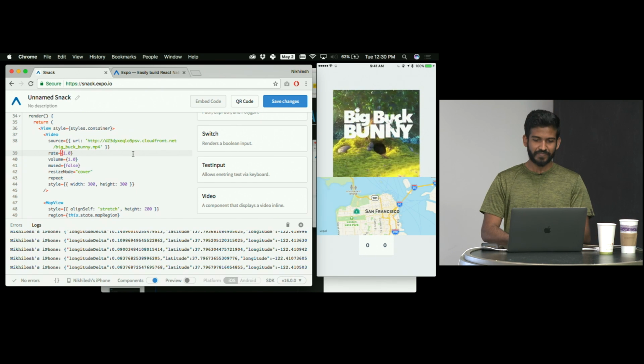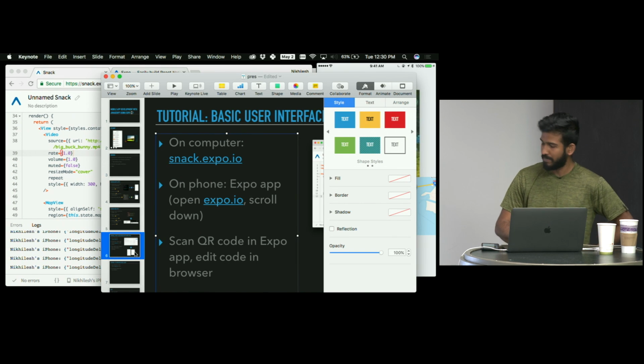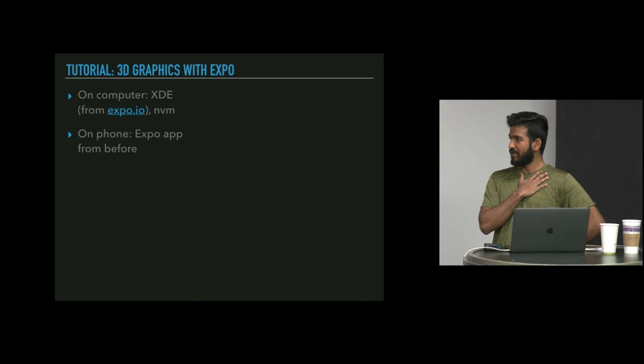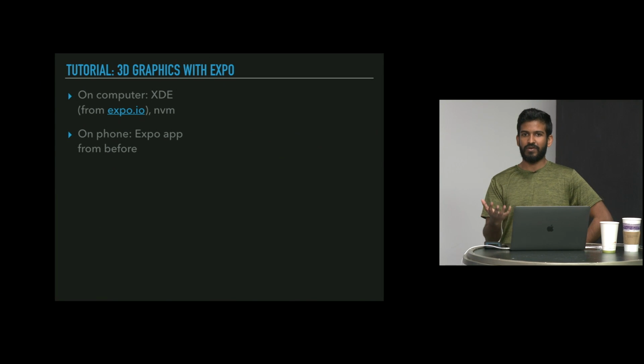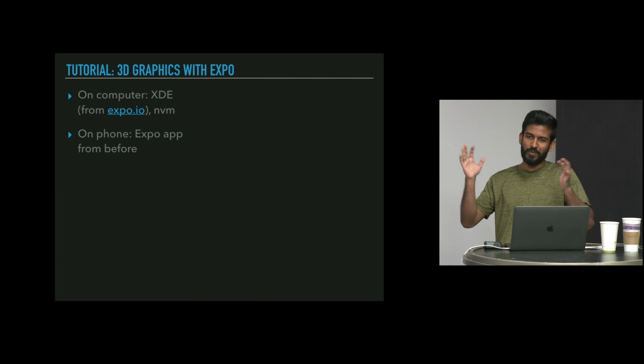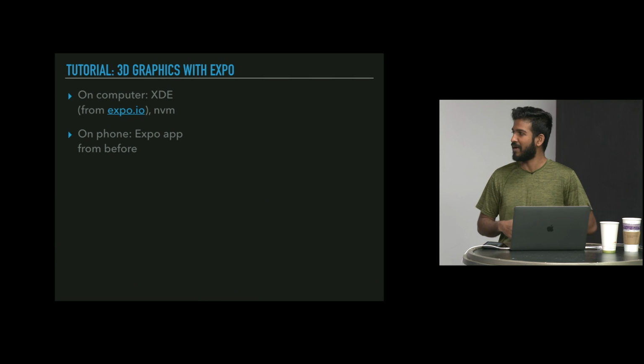For that, we will be installing Expo's XDE application, which is the tool that takes source code that's on your computer and serves it the same way that Snack is serving it, so that you can use it as an application on your phone. We also have ways for you to say, I want to turn this into an App Store application and put it on the App Store, and no one would know that it was made on Expo. It just feels like an App Store application. But on your phone, you're still using the same Expo app as before.